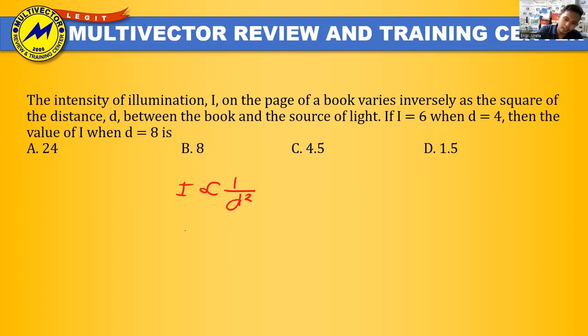Okay, kapag meron tayong ganyan, pwede natin siyang gawing equal pero maglalagay ka lang ng constant k. Ito yung working equation natin. So kapag kinuha natin yung equation ng k dyan, our I multiplied by d square should be equal to a constant k. Then therefore, yung k na yan should be constant at any time. So kapag in-equate nyo yan, I d square should be always equal to I d square ng any condition. So 1, 1, 2, 2.